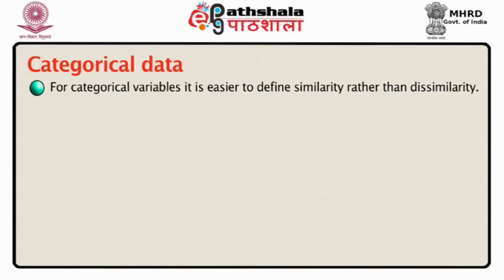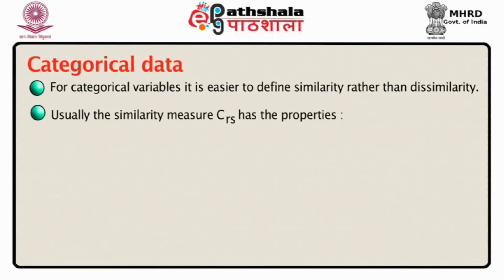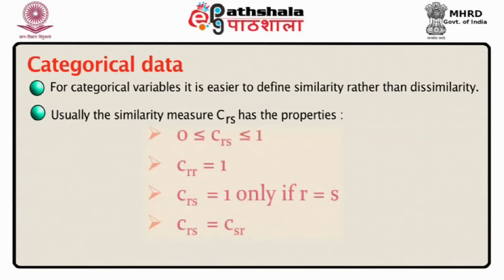For categorical variables, it is easier to define similarity rather than dissimilarity. What is meant by similarity is whether the two individuals are of the same type with relation to a particular category. Now, usually similarity measures have almost similar properties as dissimilarity measures. So, this needs to satisfy the condition that CRS should be between 0 and 1.